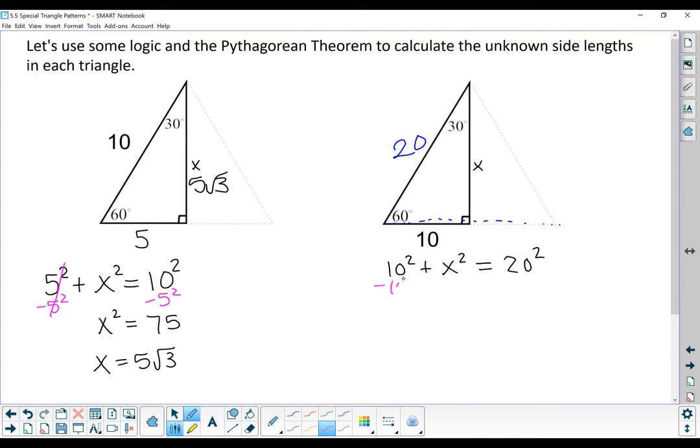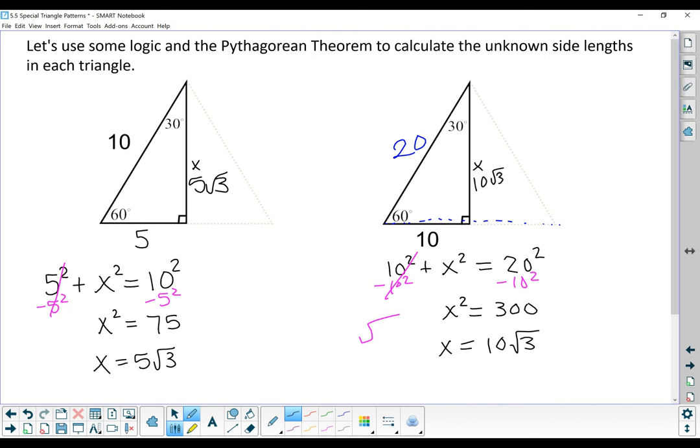If we subtract the 10 squared, and remember that is not 20 minus 10, that is 20 squared minus 10 squared, we get x squared equals 300. Taking the square root of both sides of our equation gives us x is equal to 10 root 3.